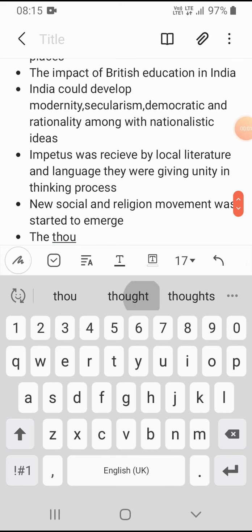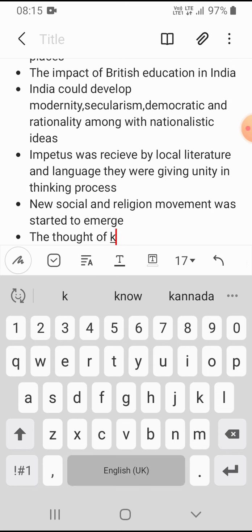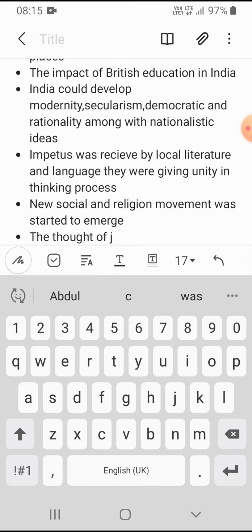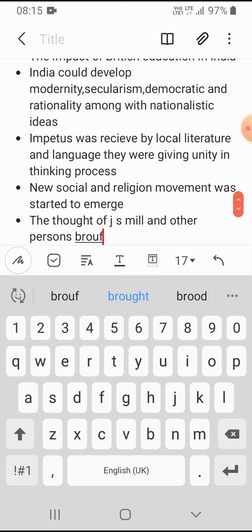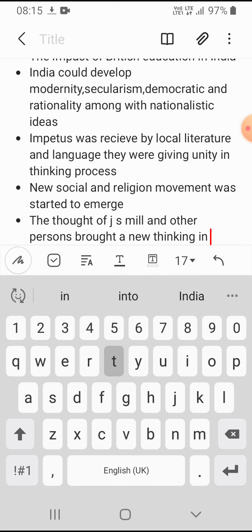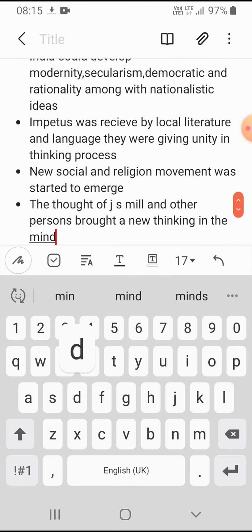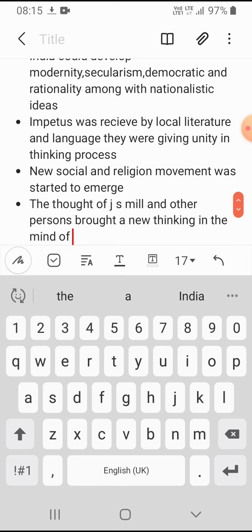The thoughts of J.S. Mill and other persons brought a new thinking in the minds of the educated youth of India.